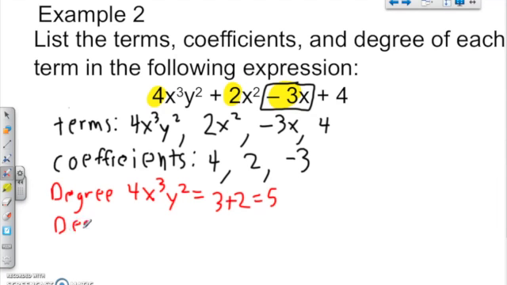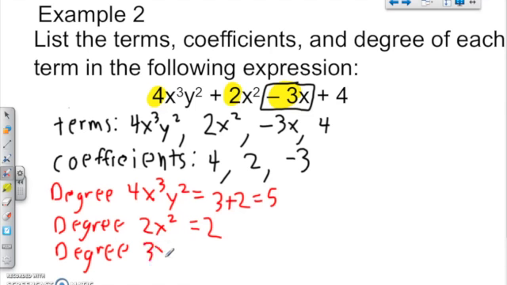It wants us to give the degree of 2x squared. This time it's a little bit easier. We just have the one exponent, so we know our answer is 2. It also wants us to give the degree of 3x. Now, there's no exponent listed. What exponent is there? It's going to be a 1, so that means we have a degree of 1.